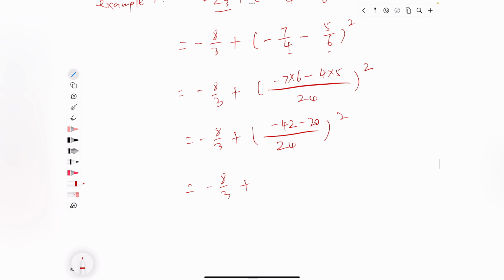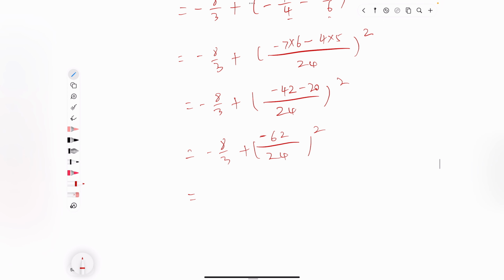So that will give us negative 62 divided by 24 square. Then we can simplify this. 62 divided by 24. They have 2 as a common factor, so it's 31 over 12.